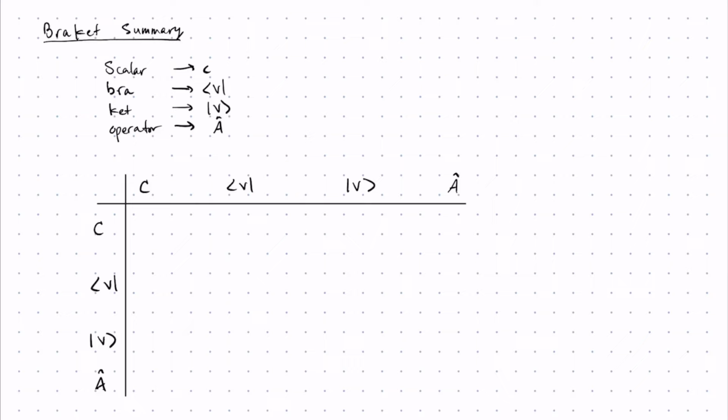In this table, we're just going to fill in the result of what happens if you multiply something from the column on the left by something from the row on top.